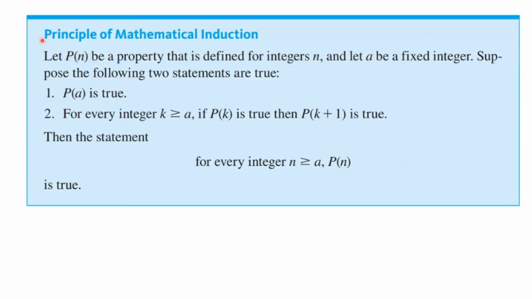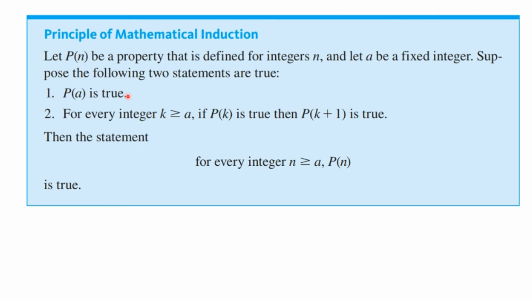That's the idea behind the principle of mathematical induction. Let P of n be a property that is defined for integers n, and let a be a fixed number. Suppose that the following two statements are true. P of a is true. That means you're knocking down the first domino. You're starting somewhere.